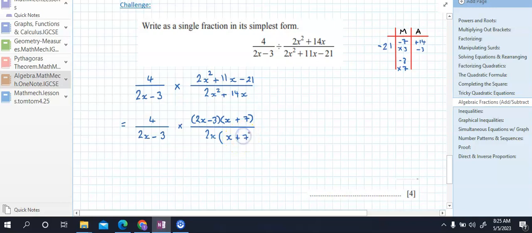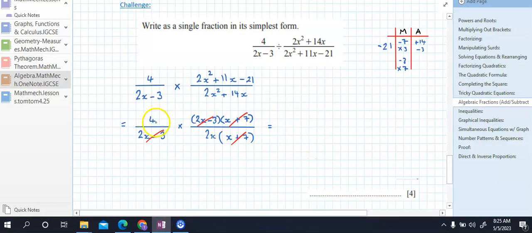And at this stage now, you might get a eureka moment where you realize that x plus 7 divided by x plus 7 is 1. And likewise, 2x minus 3 and 2x minus 3 is the same result.